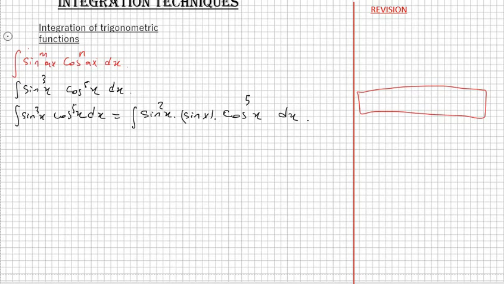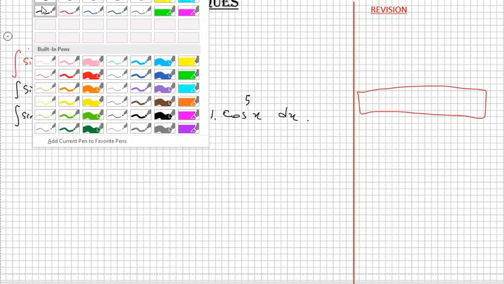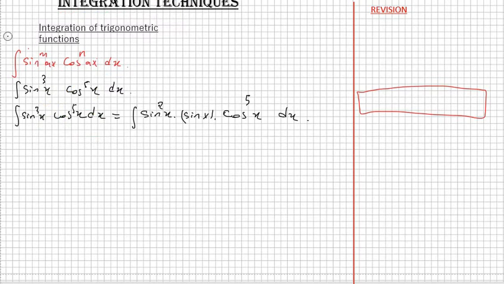So you can see that there is an expression that has an exponent which is 2. Then I can apply the identity, because I know that sine square of x gives 1 minus cos square of x. So I can replace sine square of x by 1 minus cos square of x.